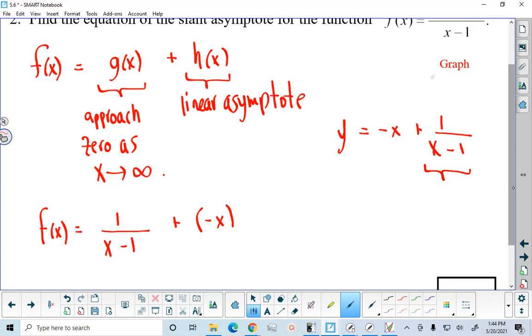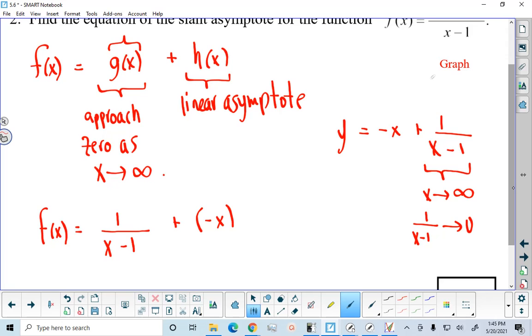As x approaches infinity, this thing approaches 0. So that's the part that we're calling g of x. It's approaching 0. The other part is not approaching 0. It's just going to get bigger and bigger in value in a negative direction.